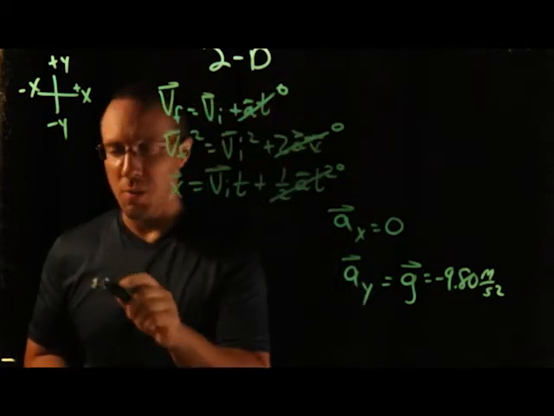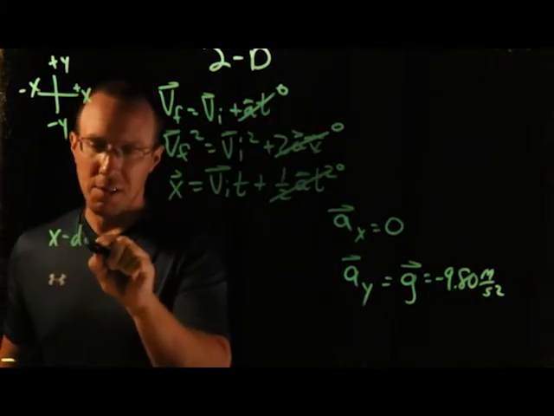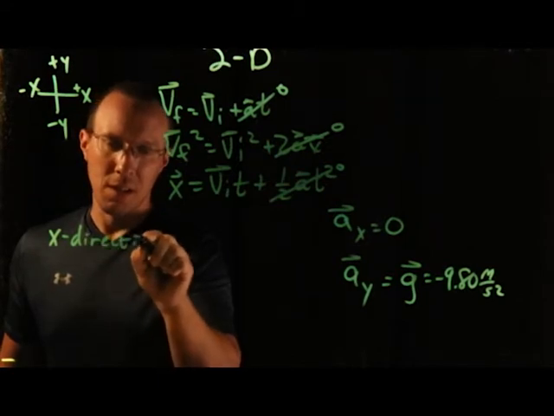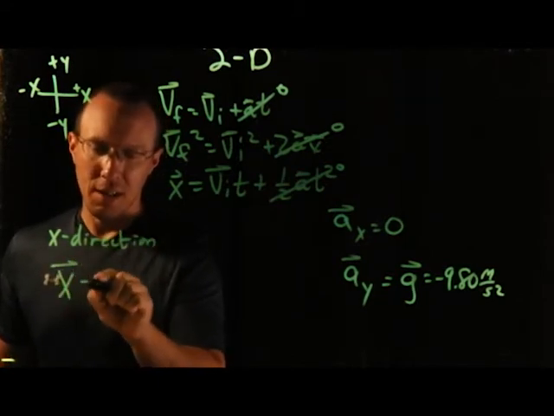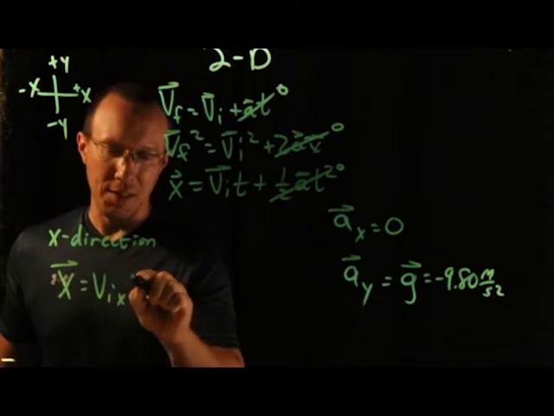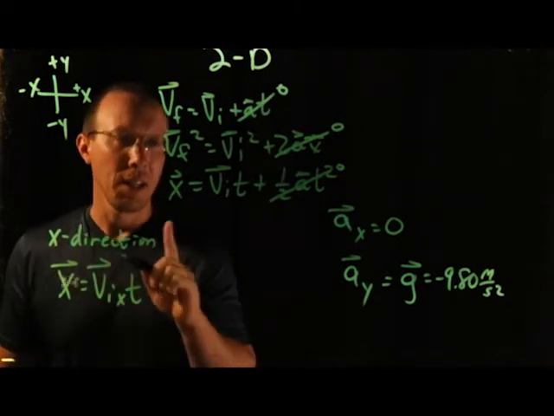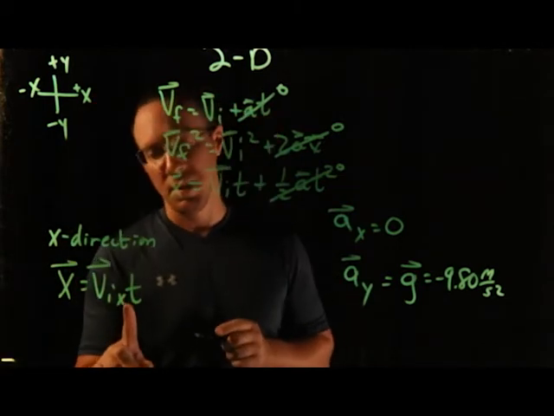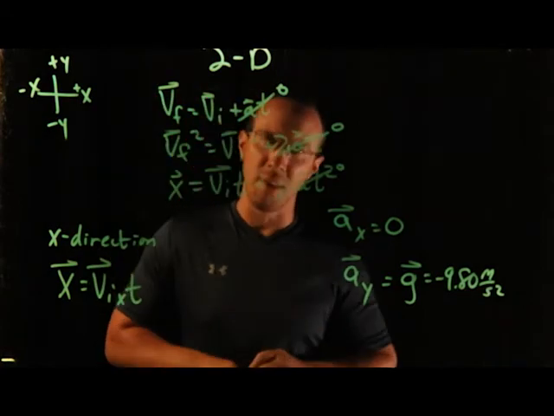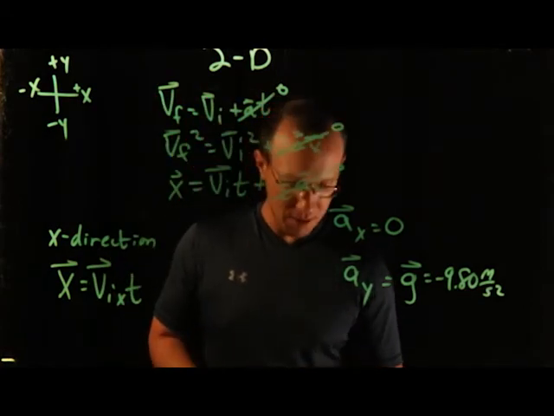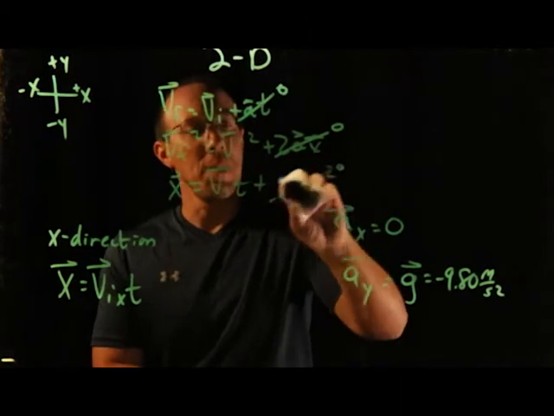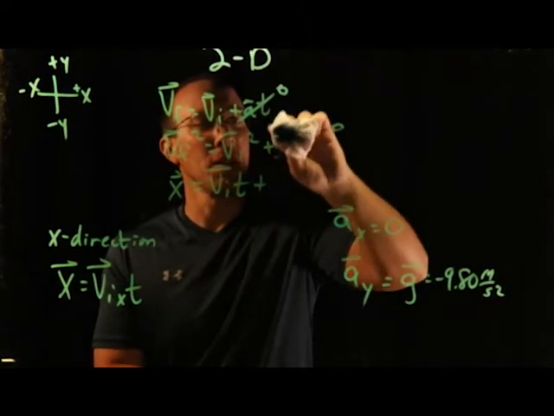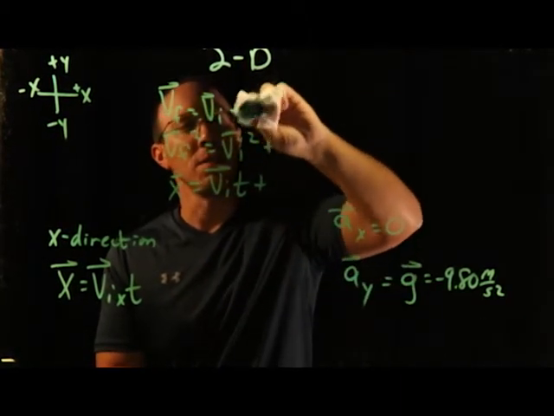And then down here, all we have for the x direction is x equals VIX T. Okay? Now you notice I added a little x here to designate it as the x direction. Right? Because if we're going to keep them separate, we don't want to confuse the x and y direction.